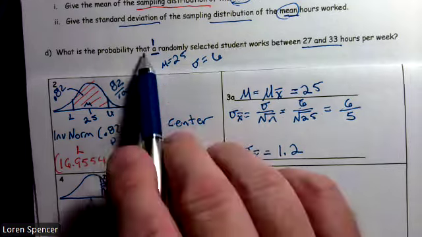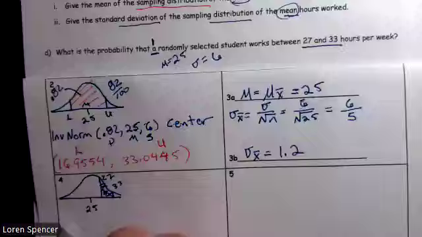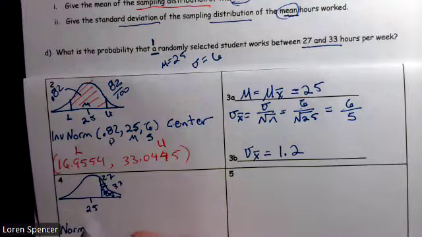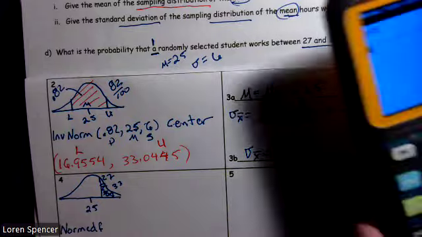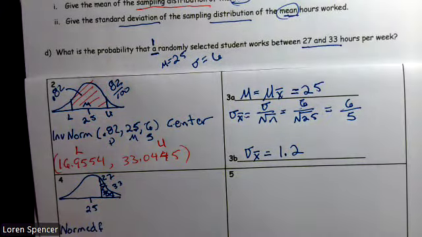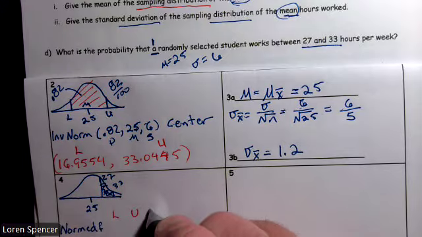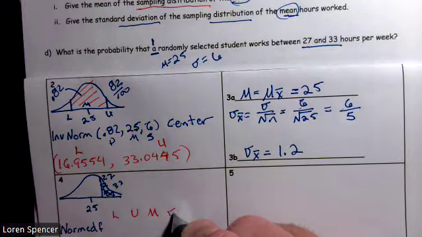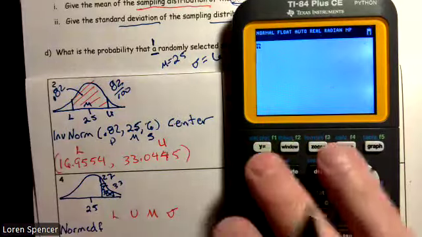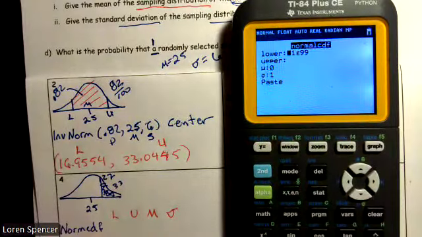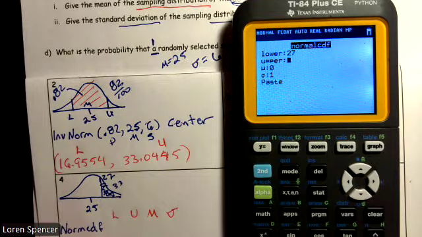Because we're looking for a single value and it's normal, we're going to use a norm CDF. And you probably remember LUMO: lower, upper, mean, and standard deviation. Now, if you forgot that, the calculator will give it to you. So go back to second vars, normal CDF, lower. My lower bound, 27. My upper bound, 33.